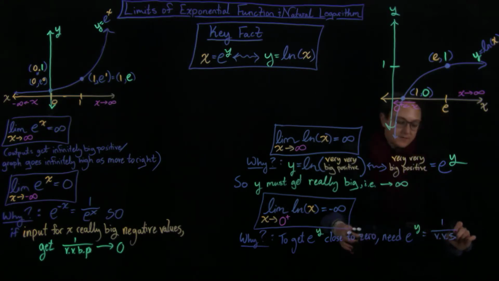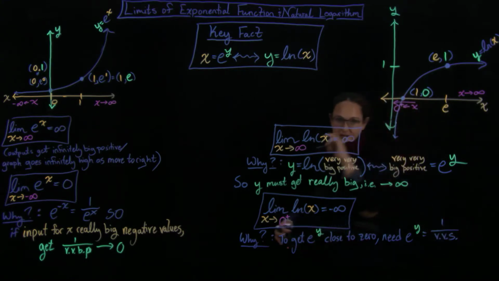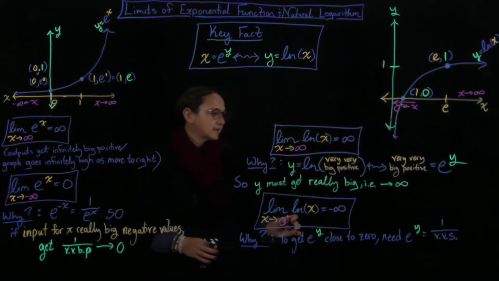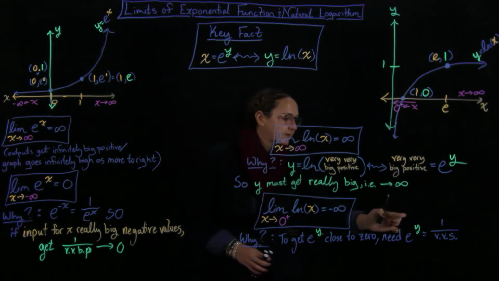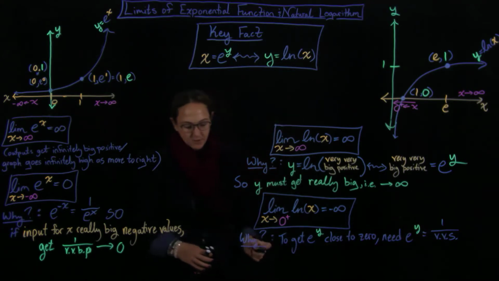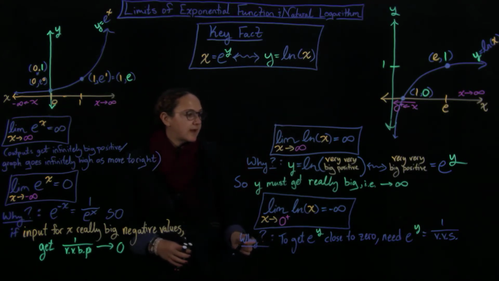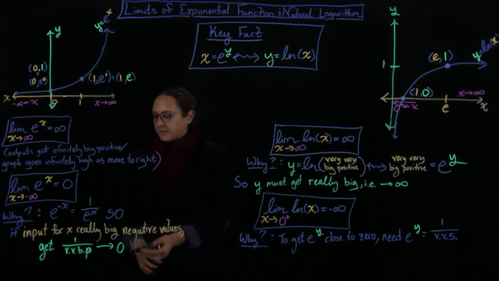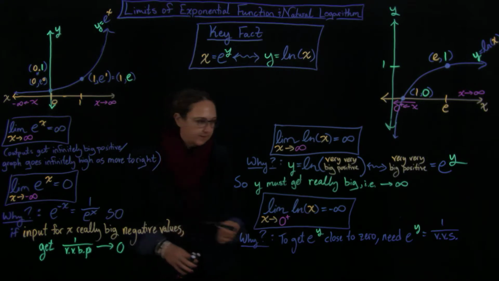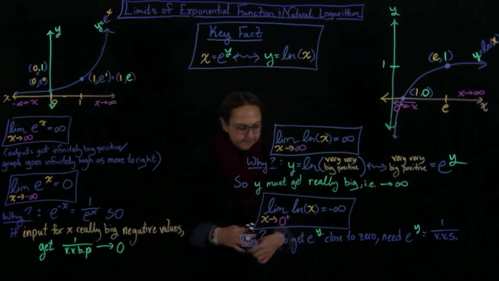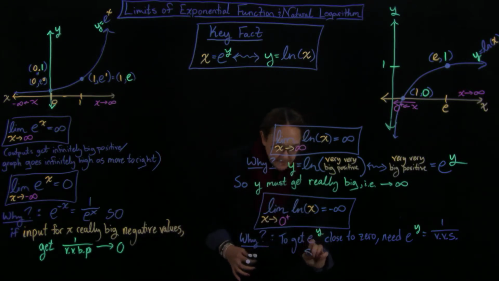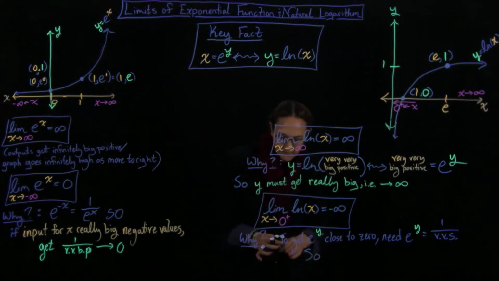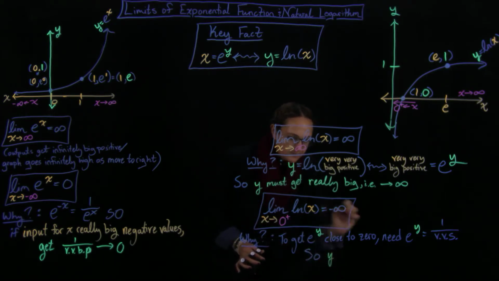It doesn't matter whether it's positive or negative, so I'll just write that. That's how we make this close to 0. Well, how do we do that? We need y to be negative and big, which is the pairing of what's going on over here. So we have that y goes to negative infinity, which is what gives me that.